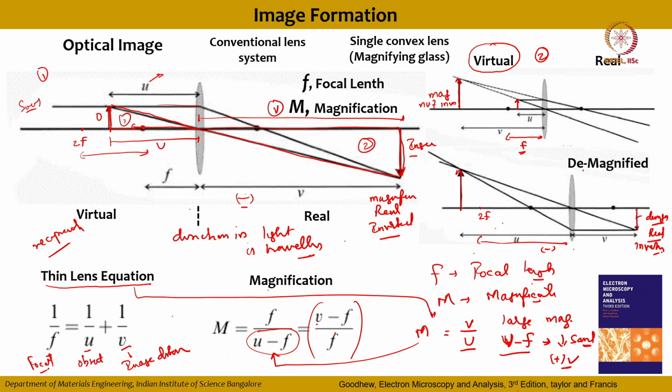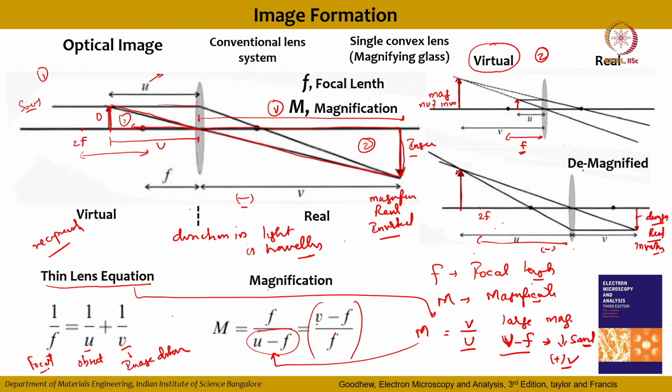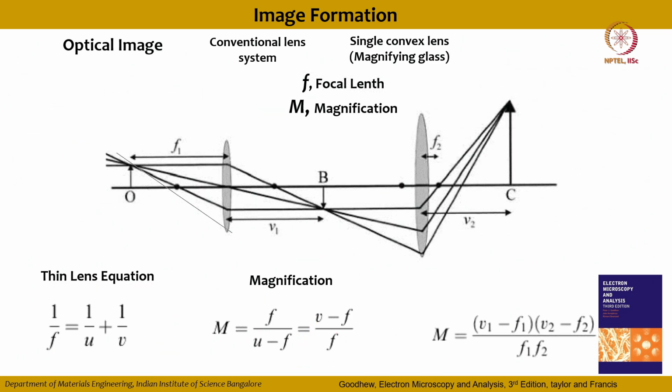Now we will go a little bit deeper. Whatever you are getting as the inverted image, in this case, this is your inverted image, you can introduce another lens into the system to make this inverted image a non-inverted image. Okay, so here I will show you some of the basic construction of this lens system. Now you have an object here which is placed above the focal point, which is at f1.